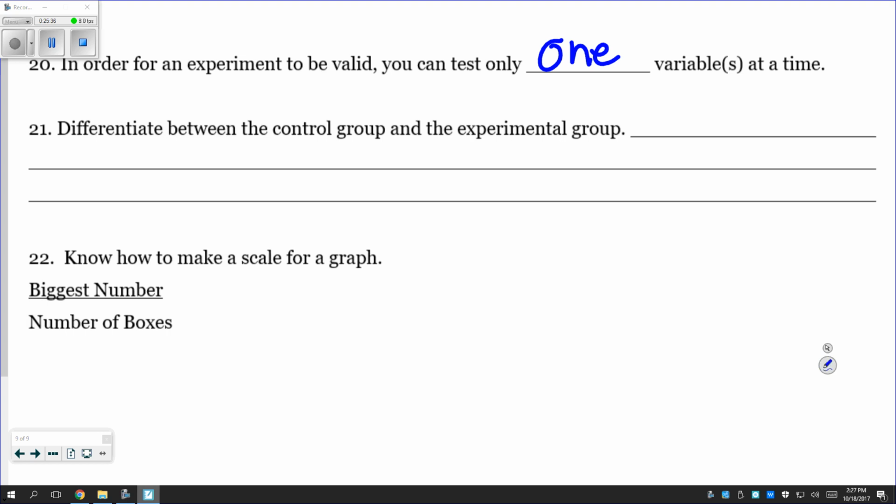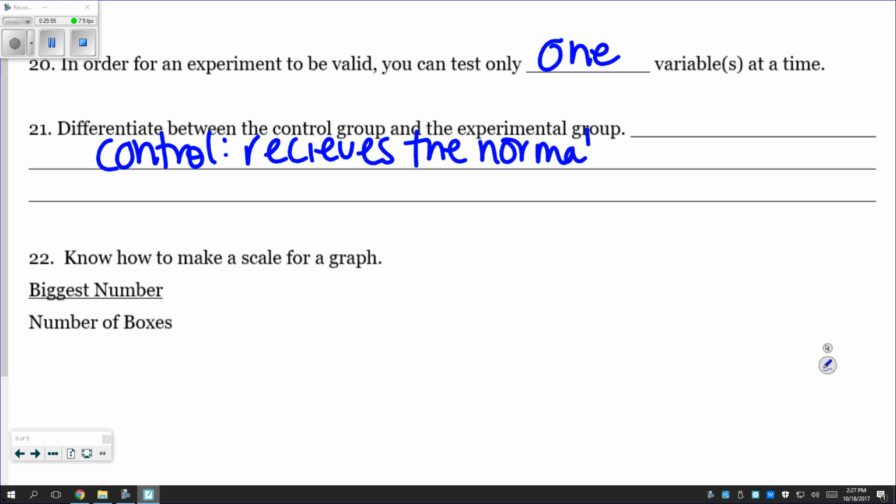Next up, it says differentiate between a control and an experimental. The control group is like the one that had no pineapple. The control group is the one that had no lactate pill. So that receives the normal treatment.